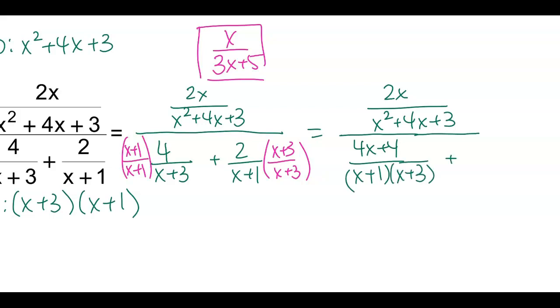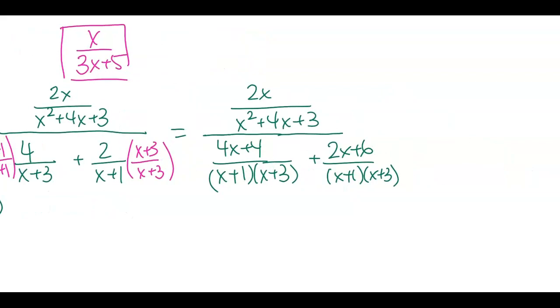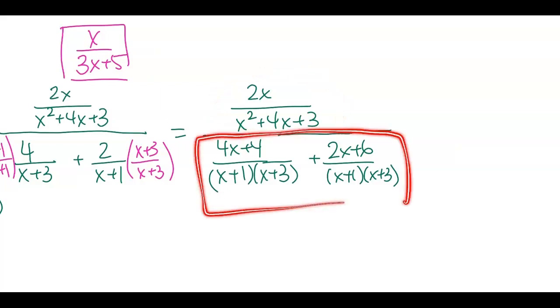In the second fraction, we're going to have that 2, which I need to distribute. So we'll have 2x plus 6 over that same denominator. The numerator I'm not too worried about. This guy up here, it's literally just one fraction. I'm fine with it. But the 2 down here, you want to make sure that both of the denominators are the exact same.